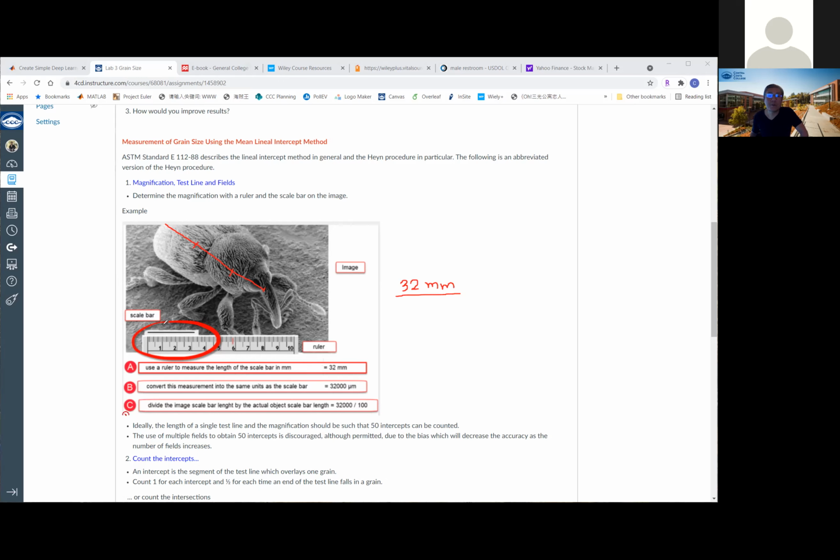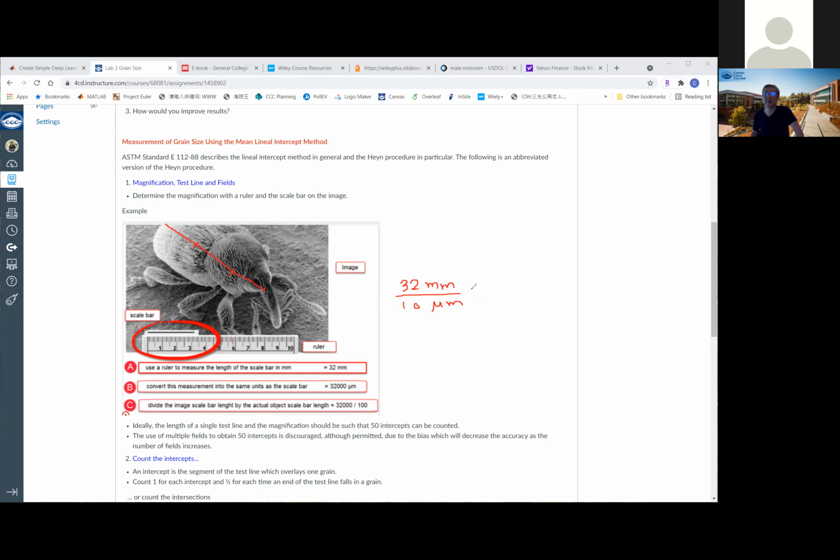And they put a mark on the scale bar. They say the scale bar tells you this much of the length is 10 micrometer.